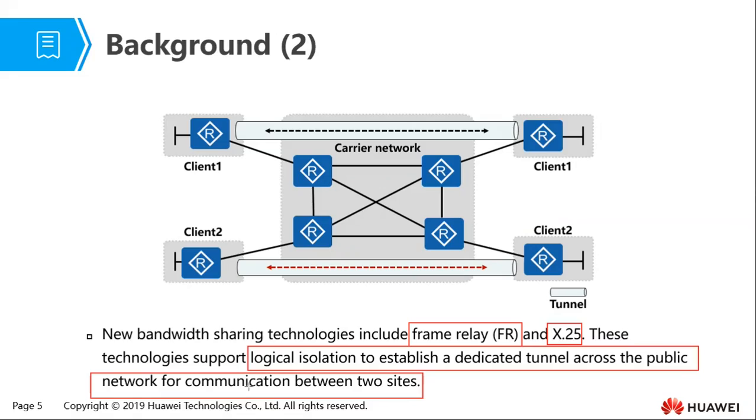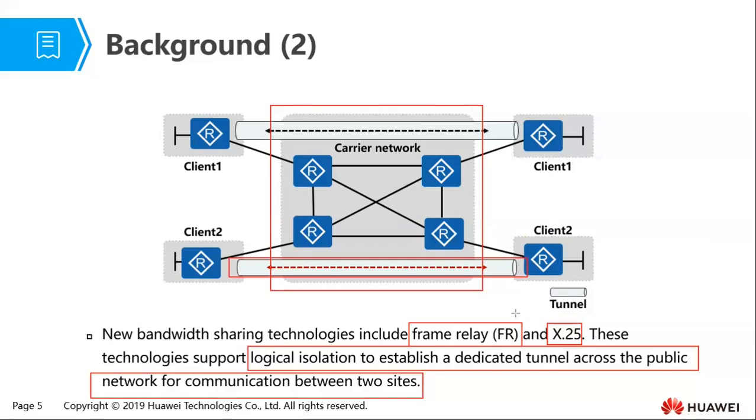So generally, with frame relay and X.25, you can share the bandwidth through your carrier network, and you can create a logical tunnel interconnecting, for example, your headquarters and the branch.